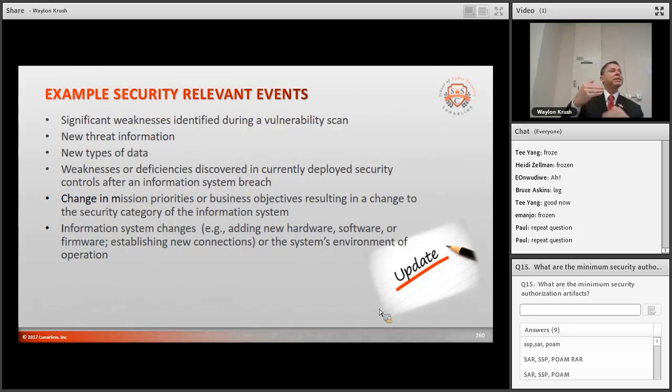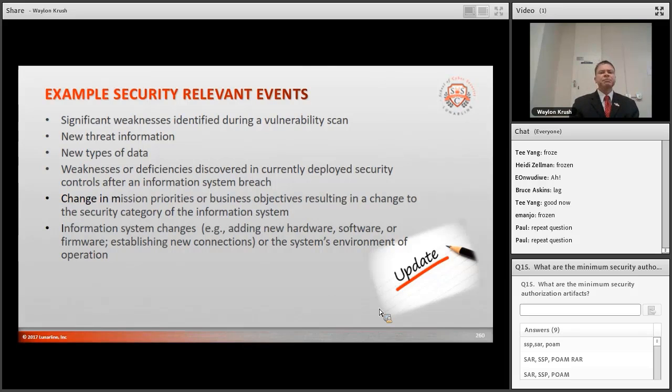So now you're basically doing another security impact analysis and finding out whether you need to make a significant change to the system. If it's a significant breach, and who gets to set that threshold for significant? The AO. Usually it's done by the risk executive function in coordination with the AO, but if it's significant, you have to go through the reauthorization process again.